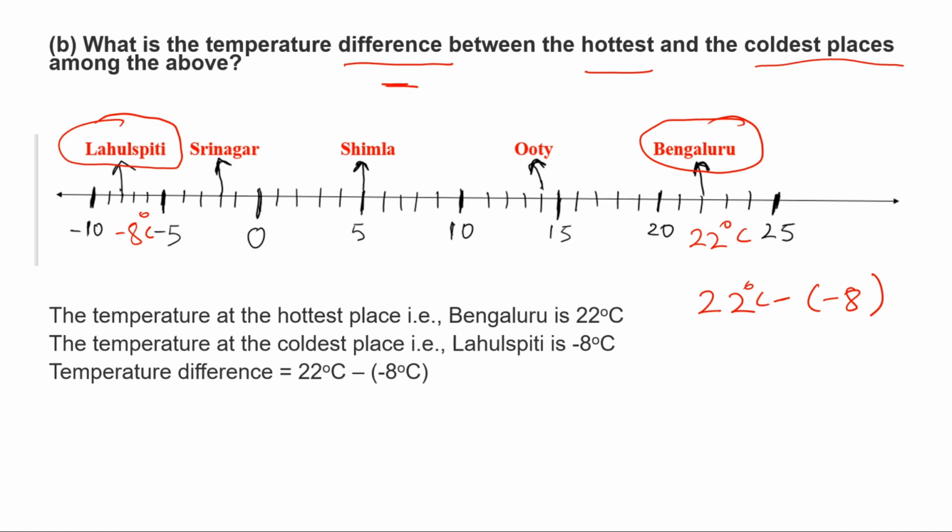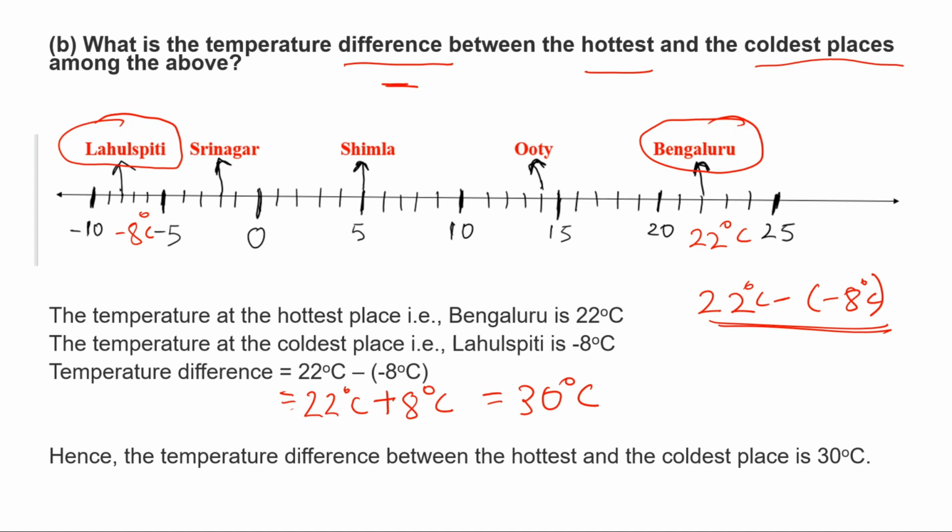So you can just write degrees Celsius here if you want. So we have to find the difference. Okay. Now when you solve this, this would be 22 degrees Celsius plus 8 degrees Celsius because minus minus becomes plus and that equals 30 degrees Celsius. So the temperature difference is 30 degrees between the hottest and the coldest place.